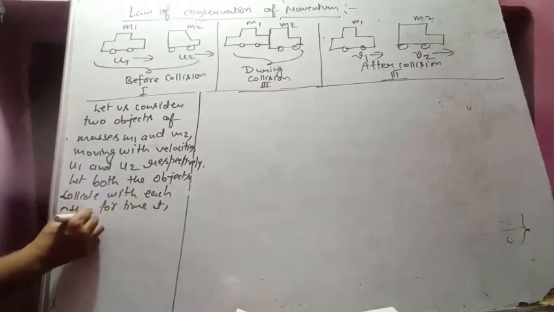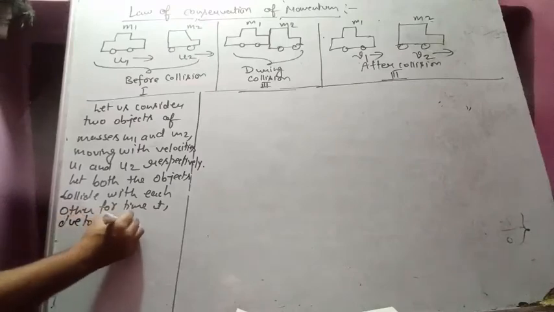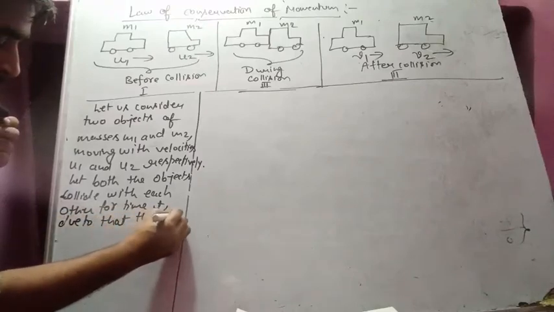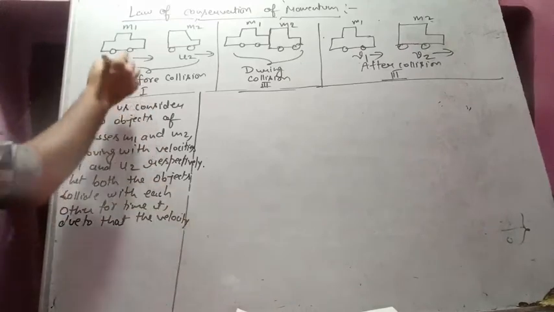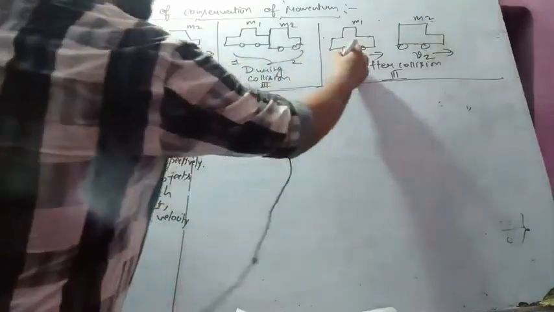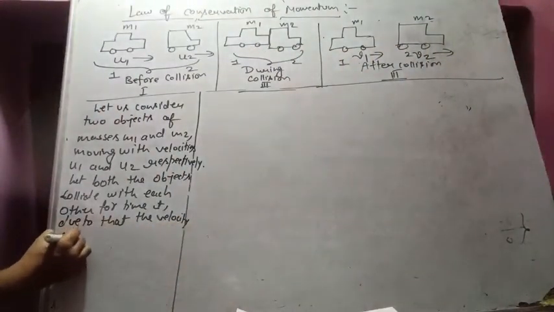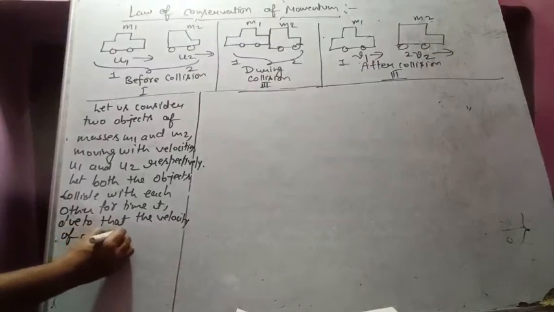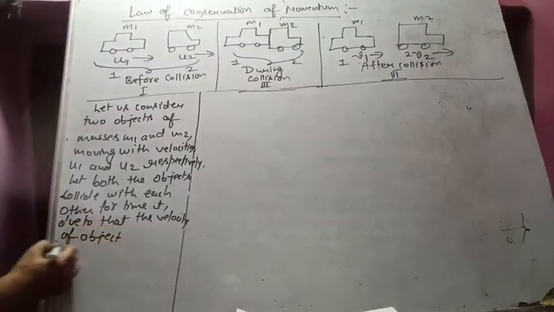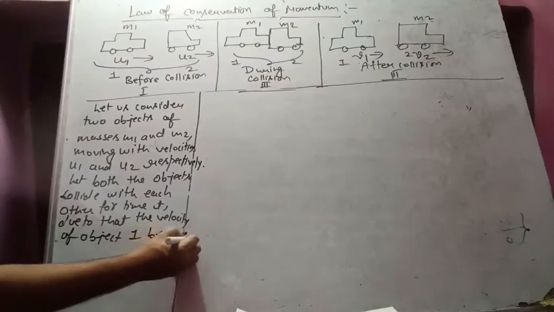Due to that, suppose this object is object 1 and this object is object 2. What is the velocity of object 1 after collision?